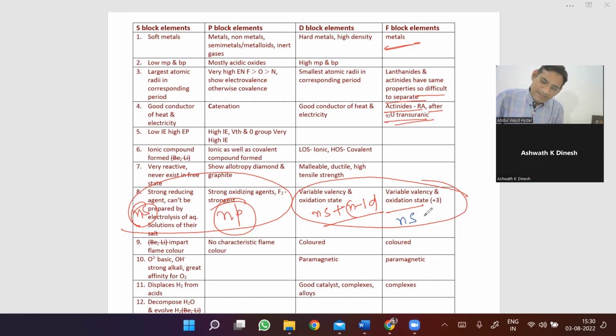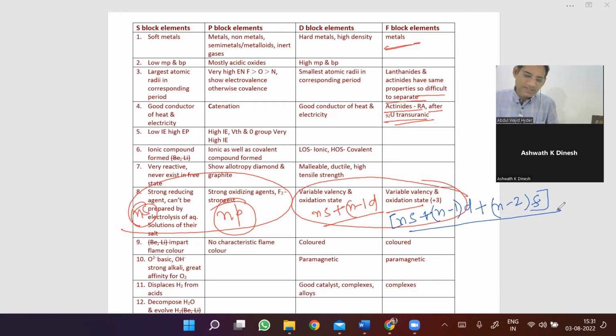Because their valence S, penultimate D, and pre-penultimate or anti-penultimate F, all three subshells can take part in bond formation. That's why they show such a large number of variable valencies.